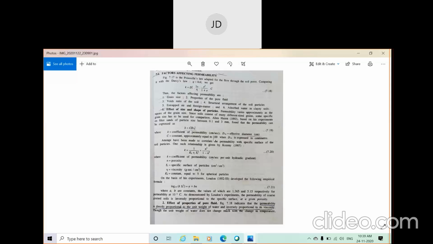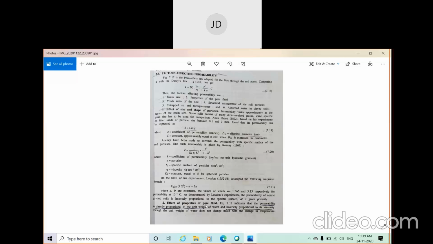The value of C may not be given to you, but you have to know the assumed value of C is 100. So 100 multiplied by the given value of D10 whole square, you will get the approximate value of K. And this formula is given by Allen Hazen in 1892. You have to remember this. Like this, we can say the effect of grain size on permeability of soil.